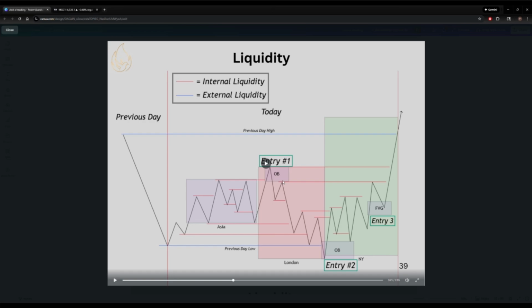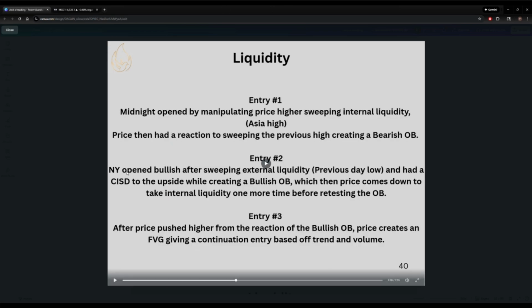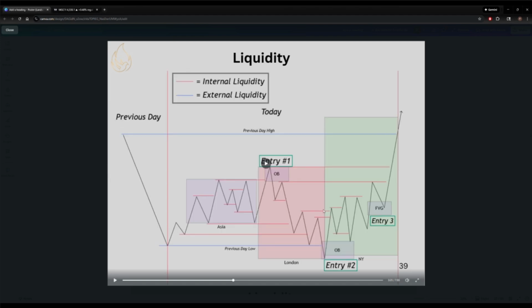And entry number two: New York opened bullish after sweeping external liquidity, the previous daily low, and had our CISD to the upside while creating a bullish order block. So we came down, New York opens, we sweep the previous daily low, and then have a CISD to the upside.